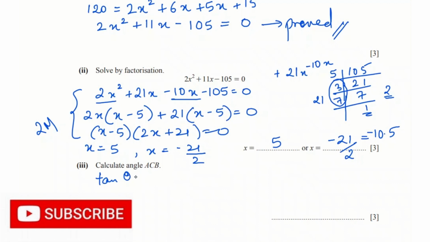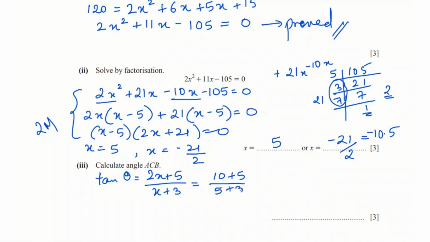So tan theta is equal to opposite upon adjacent. Now since the value of x cannot be negative because sides cannot be negative, we'll take the value as 5. So 2 5s are 10, 10 plus 5 and 5 plus 3 gives me 15 upon 8.